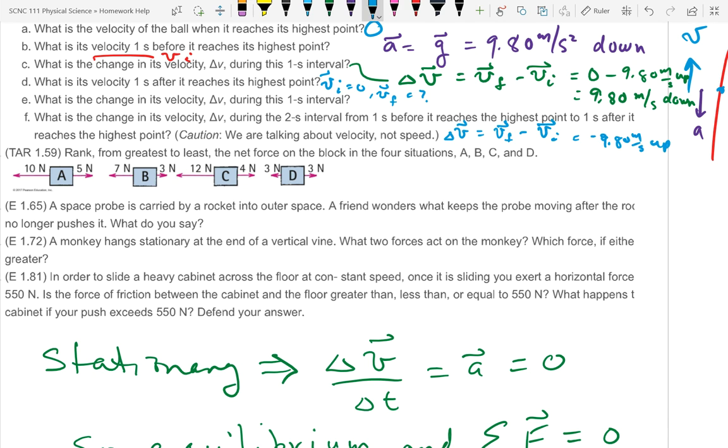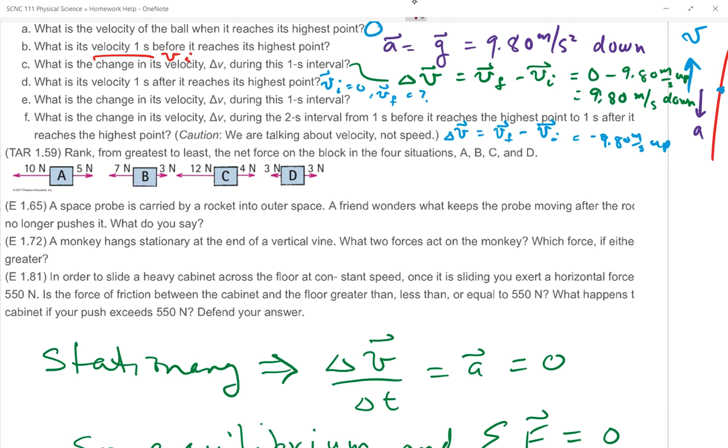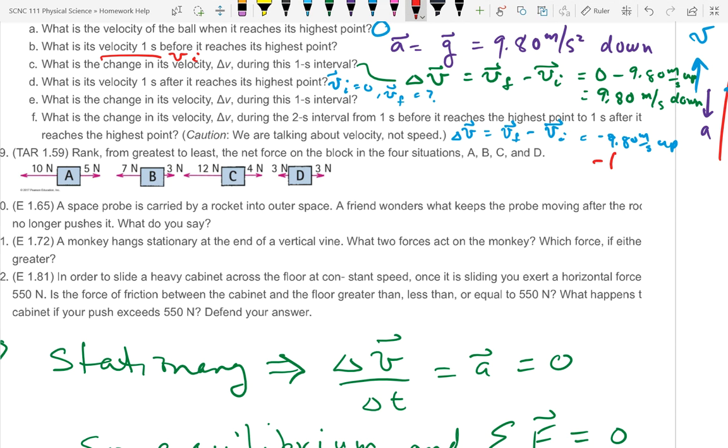So there is the final, minus 9.80 meters per second up, using the signs like Ivy did. And then I have minus, and then the initial was 9.80 meters per second up. But notice they both have a minus sign. So we put those together and that's going to be equal to minus 19.6 meters per second up.